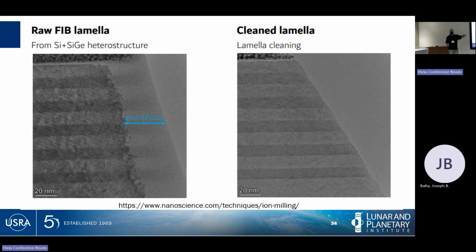Now, does every analysis need this? No. But if this is important, if I need on my microscope to get down to sub-micrometer resolution on a surface, this is a technique that can give me a very finely prepared, low damage surface for orientation analysis or something like that.